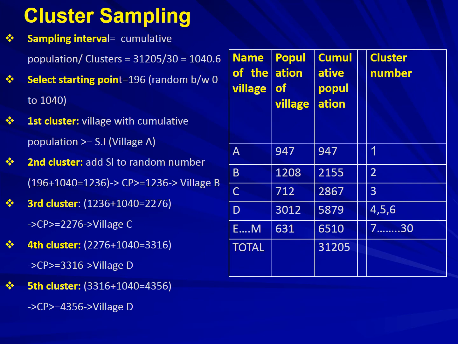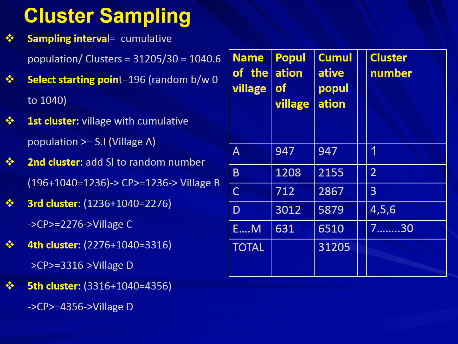Now let's look at the fourth cluster. Here again the figure of the third cluster, 2276, plus the sampling interval, 1040, gives the figure of 3316. You have to select the village having the cumulative population more than or equal to 3316, that means village D. So village D is our fourth cluster.